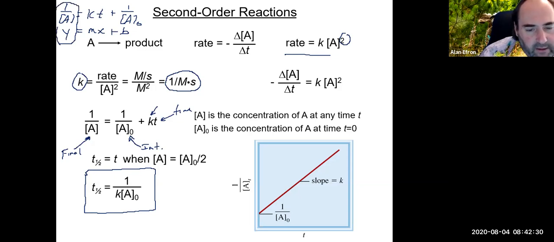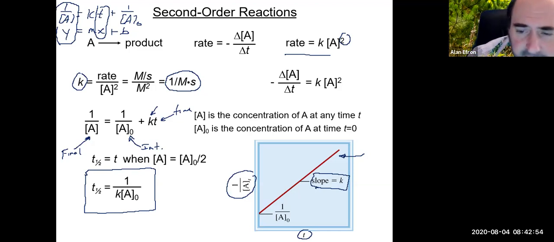On the y-axis is 1 over A, and on the x-axis is T. Unlike the first order graph, this also gives us a linear line, but with a positive slope, and that means the slope equals the K value. So graphically, if it's second order, you could figure out the slope and from that the value of K, just from the graph.